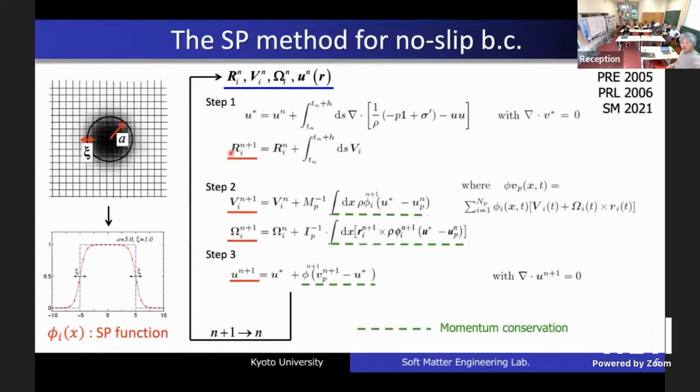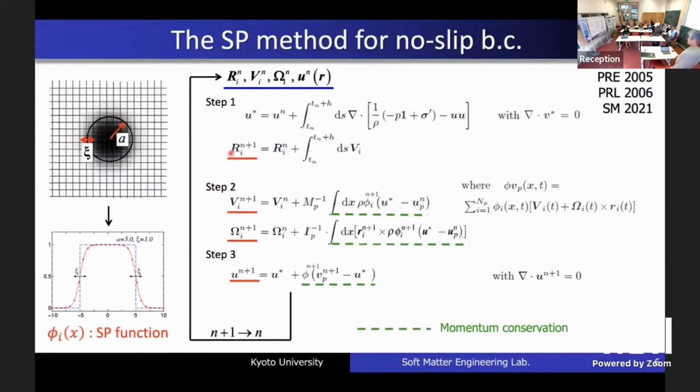Starting from the configuration defined at time step n: the particle center position, the particle velocity, the rotational angular velocity of the particle, and the fluid velocity. Starting from this, we first update the fluid velocity and the particle position and velocity without considering the constraint at all, without considering momentum exchange at all.